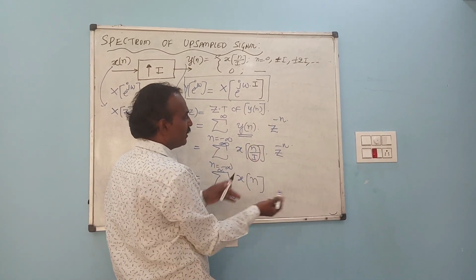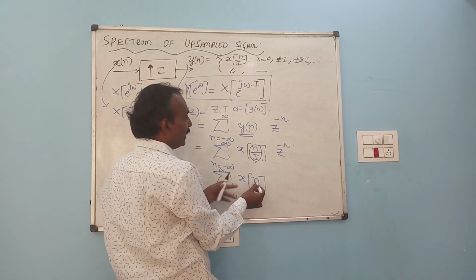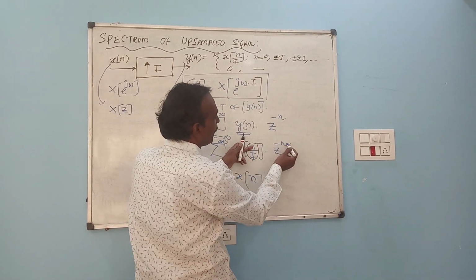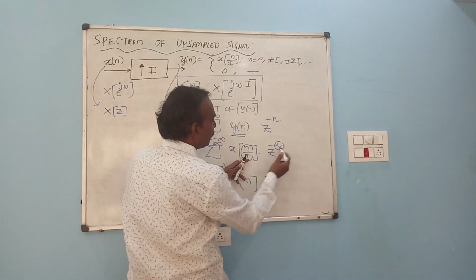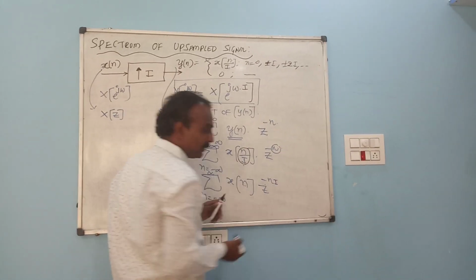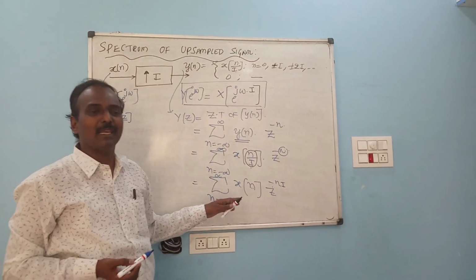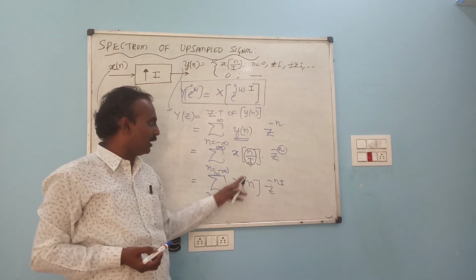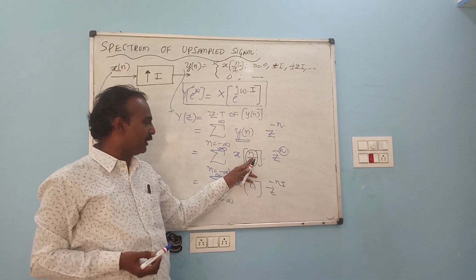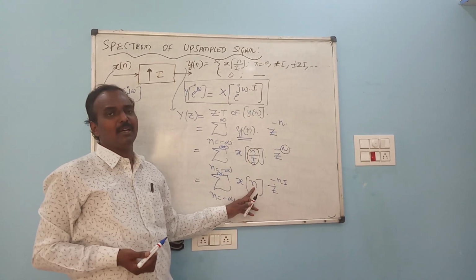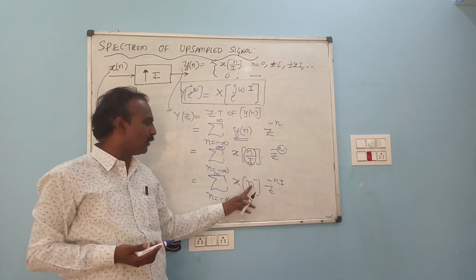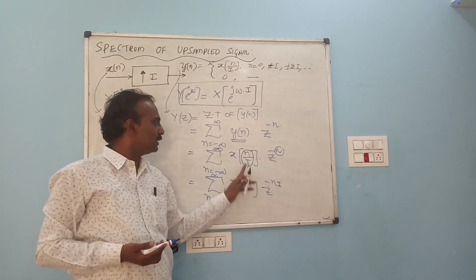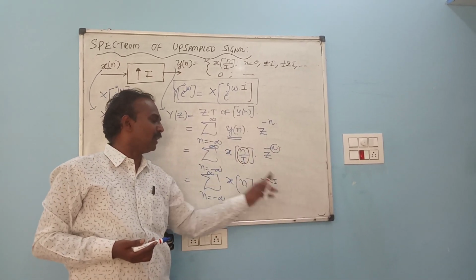Instead of writing one more step, I simply write n by I as n. Now n becomes n into I here, so z power minus n becomes z power minus n into I. This is a simple calculation.